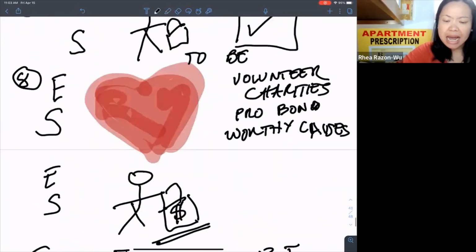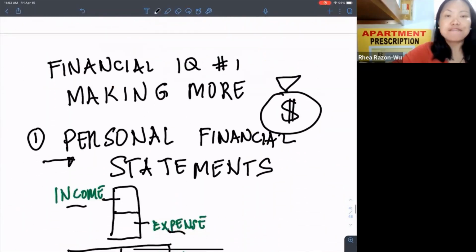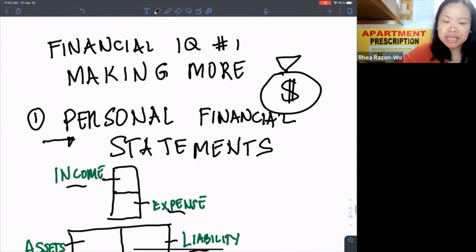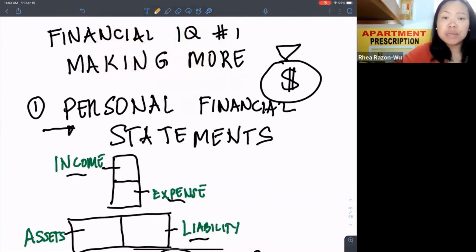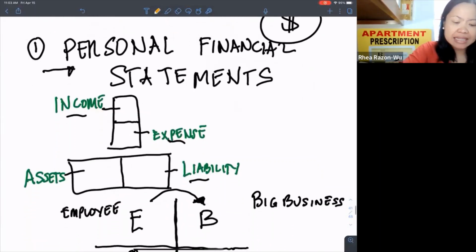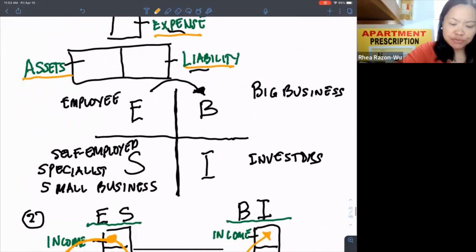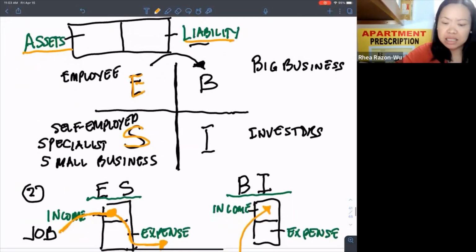So to recap, Financial IQ number one, making more money. First point, the personal financial statement has income, expense, assets, and liability. The cash flow quadrant has E, which stands for employee, S, which stands for self-employed, specialist, small businesses.